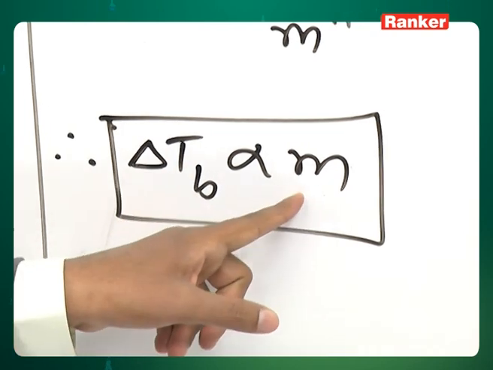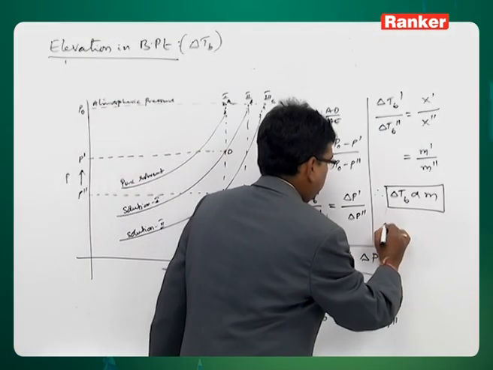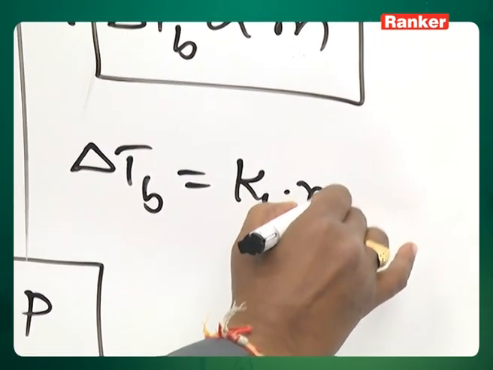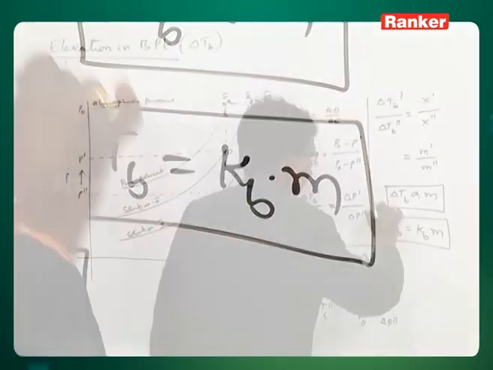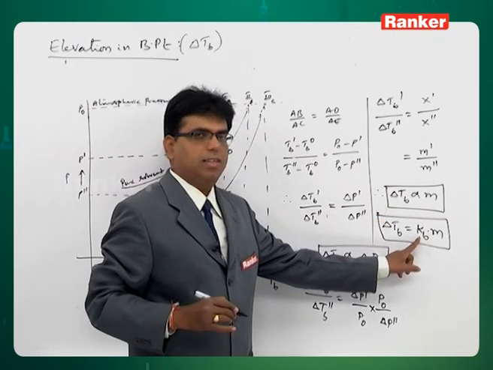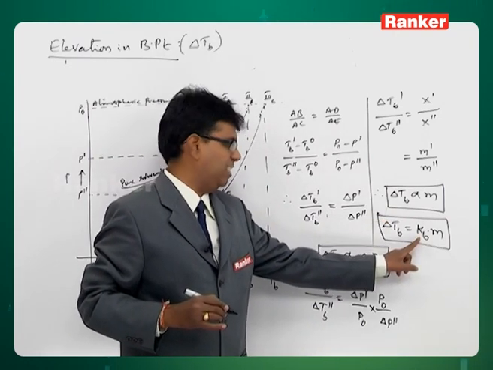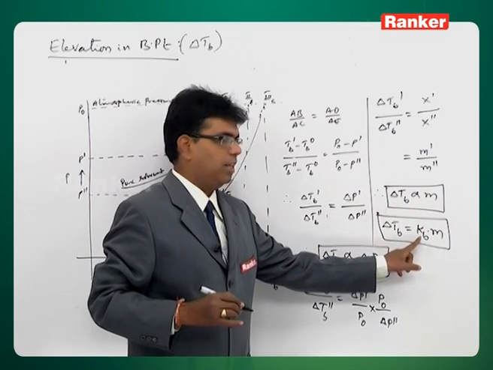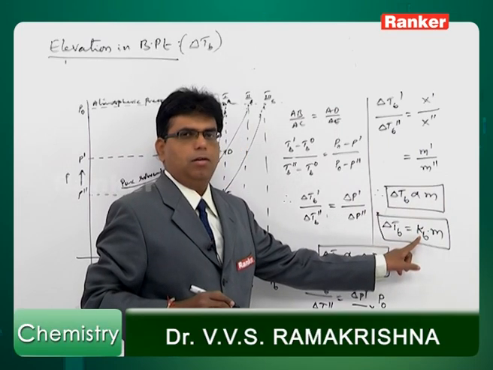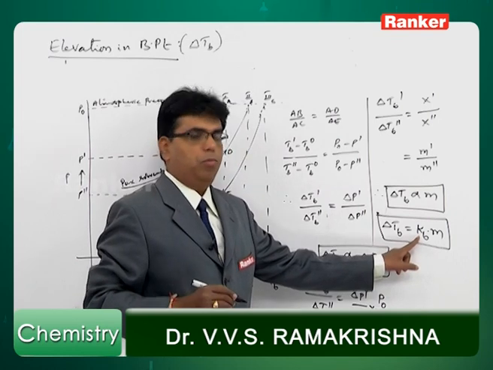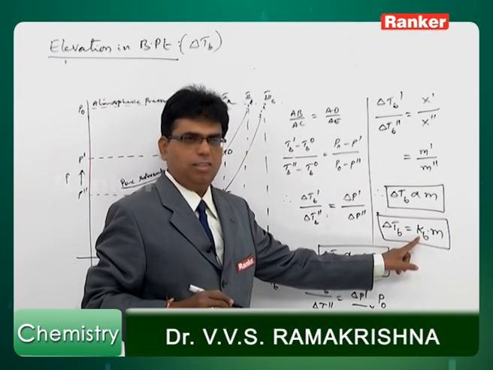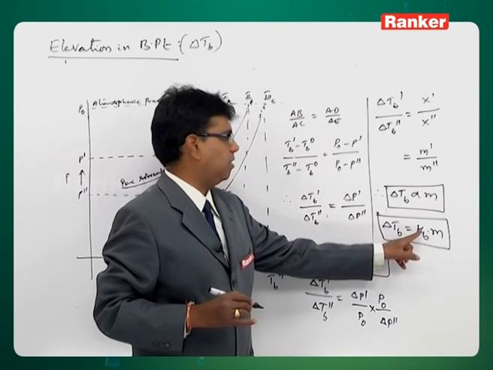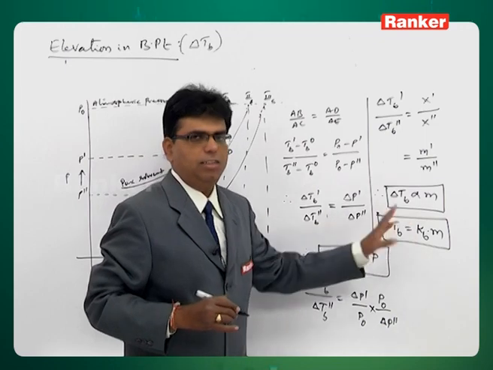Now, the equation for this we write as delta Tb is equal to Kb into molality, where Kb is the proportionality constant in the equation. This proportionality constant Kb is called the molal elevation constant or ebullioscopic constant. Now, we discuss what this Kb is in detail.